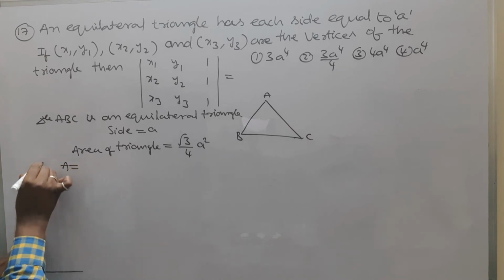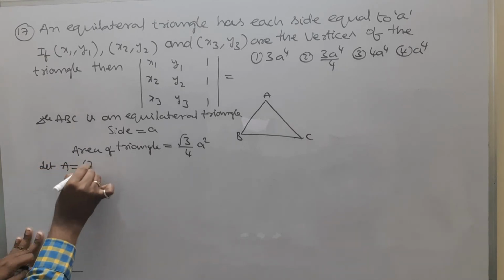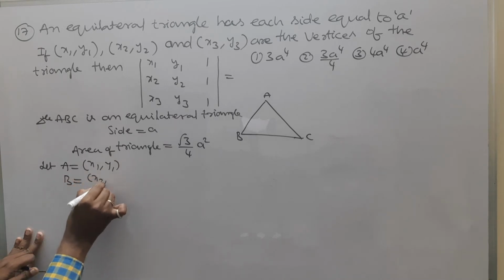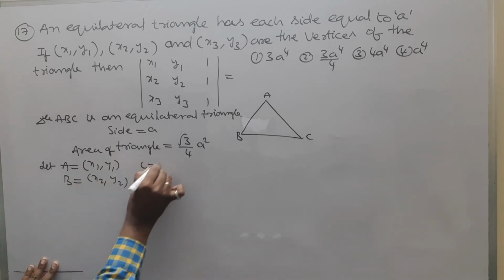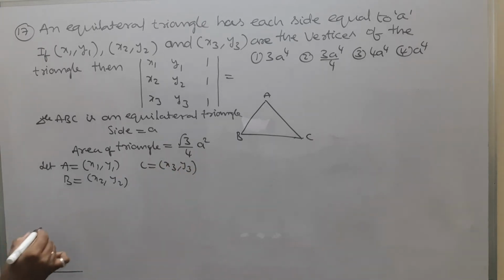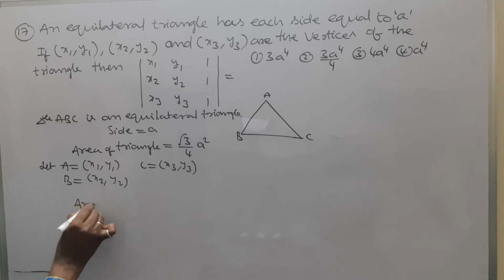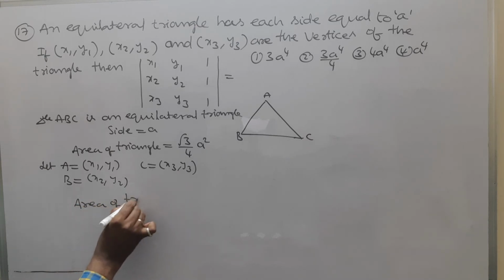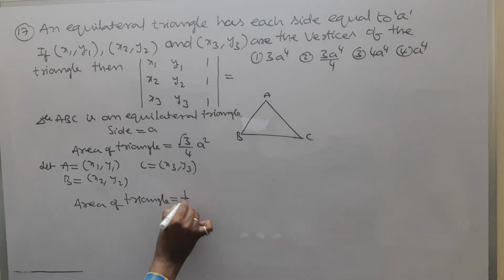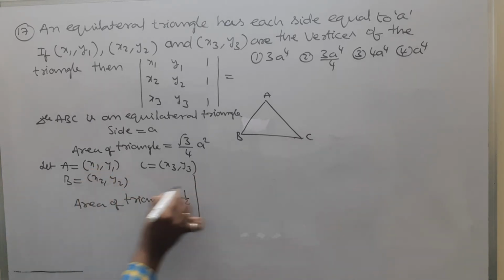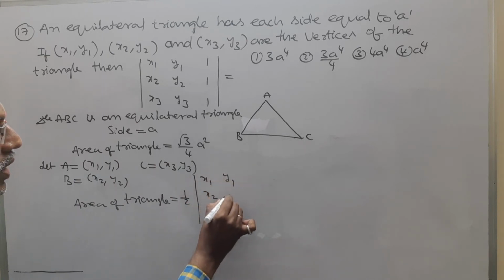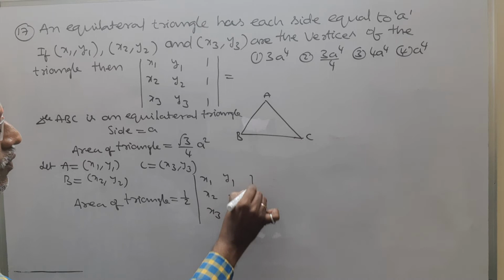Here the vertices are given. Let the first vertex A equal x1, y1, B equal x2, y2 and C equal x3, y3. If the vertices are given, then the area of the triangle is 1 by 2 times the determinant of x1, x2, x3, y1, y2, y3, 1, 1, 1.